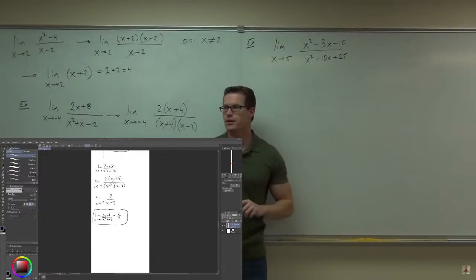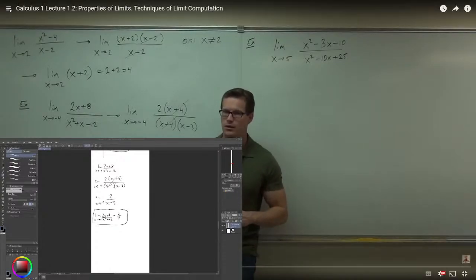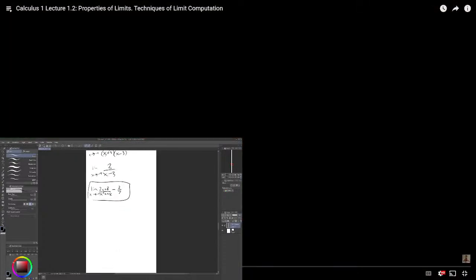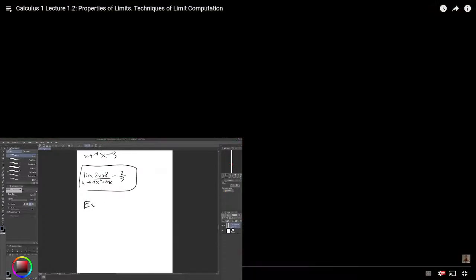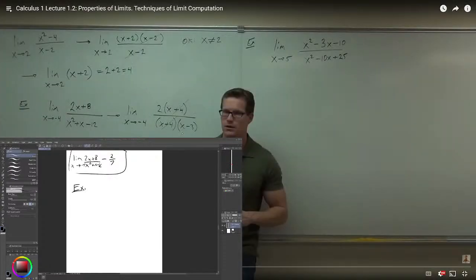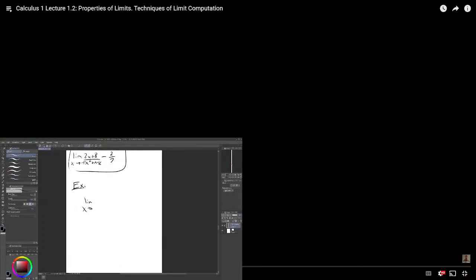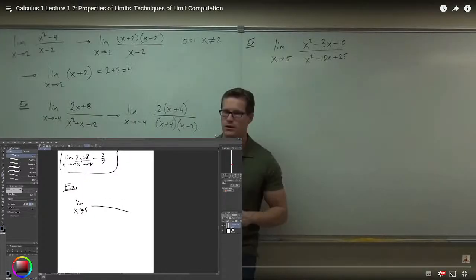What are you going to do first, do you think? Let's see, 25 minus 50, negative 25 plus 25, okay. So, definitely a problem. So factor. Wait, first let me plug it in on the top, see if I get a hole. 25 minus 15 minus 10, okay.